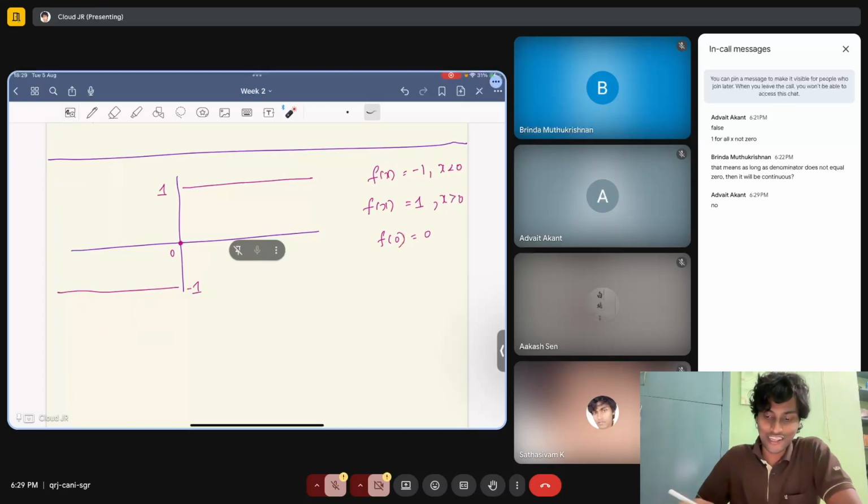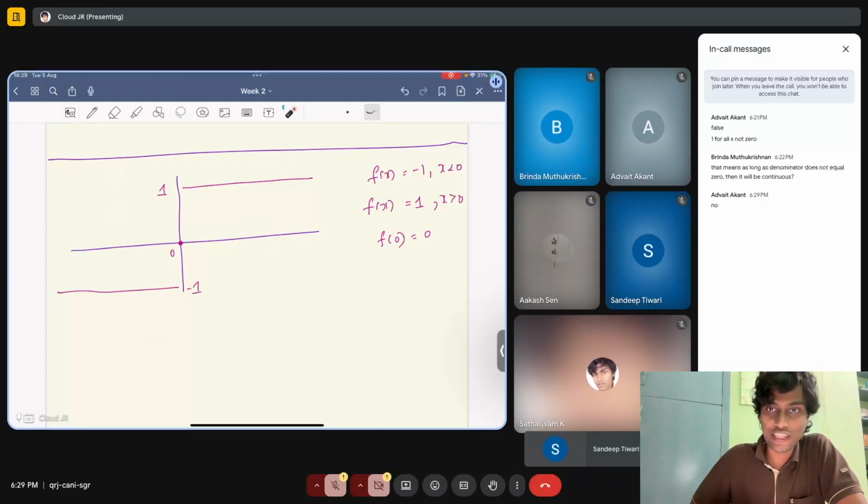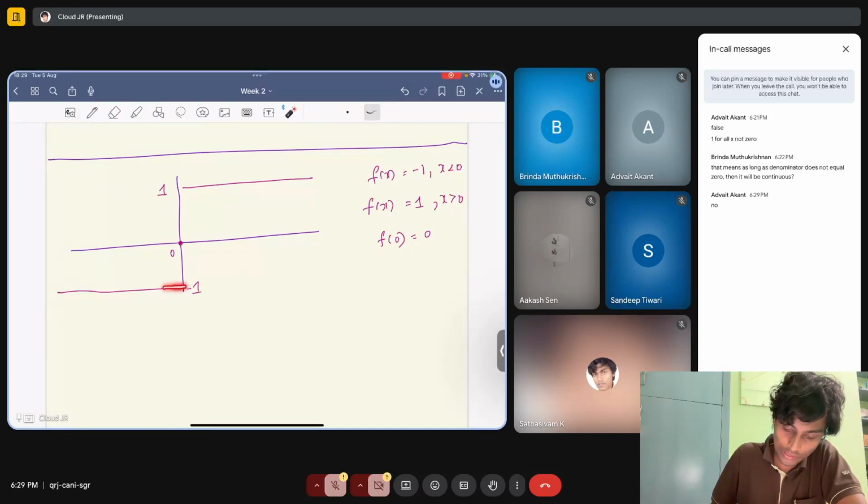So in general, depending on the discontinuity, you can either remove it and make it a continuous function, or you cannot. Because with this type of discontinuity, you are basically jumping from here to here, right? You're going like this and suddenly you just jumped here. So this type of discontinuity is called a jump discontinuity.